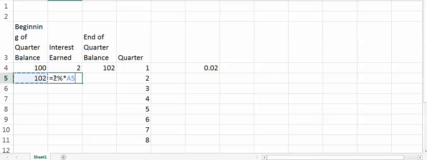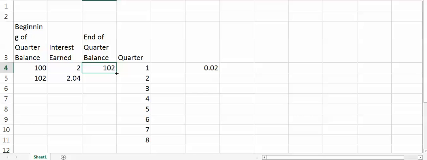Instead, I'll earn it on $102. So I earned $2.04 in interest, 4 cents more than I earned the quarter before. That extra 4 cents is the interest that I earned on this $2 in interest that I earned the quarter before. So I'm earning interest on the interest and on my original 100.